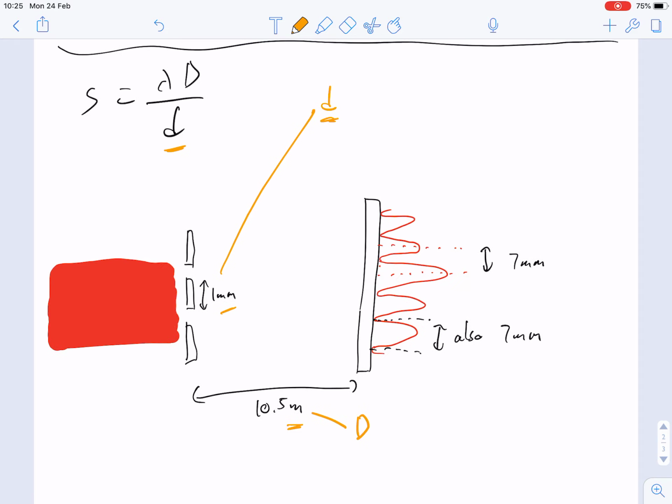And lastly, we have S. S is the distance between fringes. And as you can see in my diagram here, the fringes could be the center of the bright fringes. Okay, so this is the bright fringe. It would still be the same distance as the separation between the dark fringes. So it doesn't matter which one you measure from, it'll always be the same.